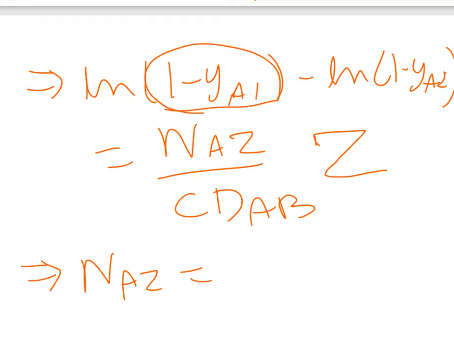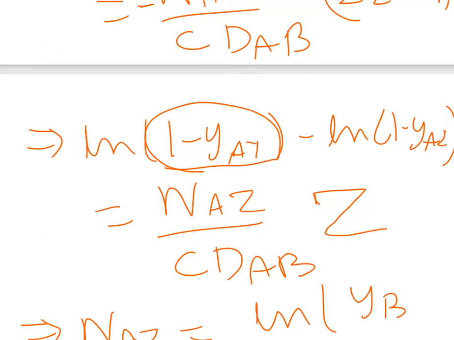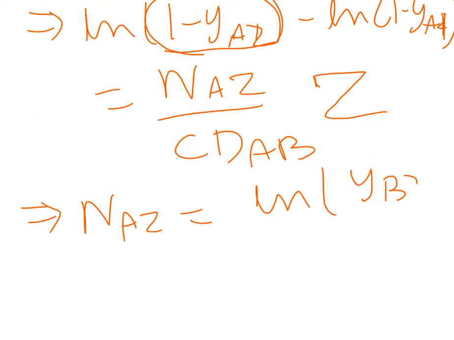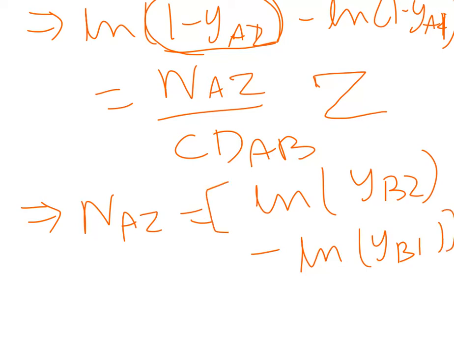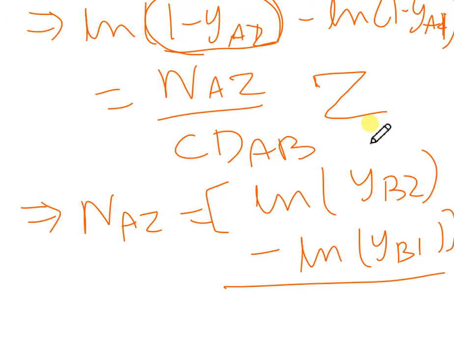So we can write ln YB2 minus ln YB1, whole, divided by Z, and then you have C DAB on the top.